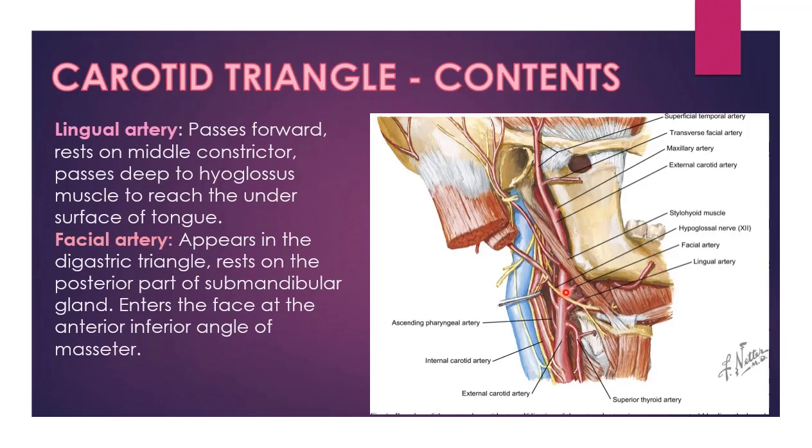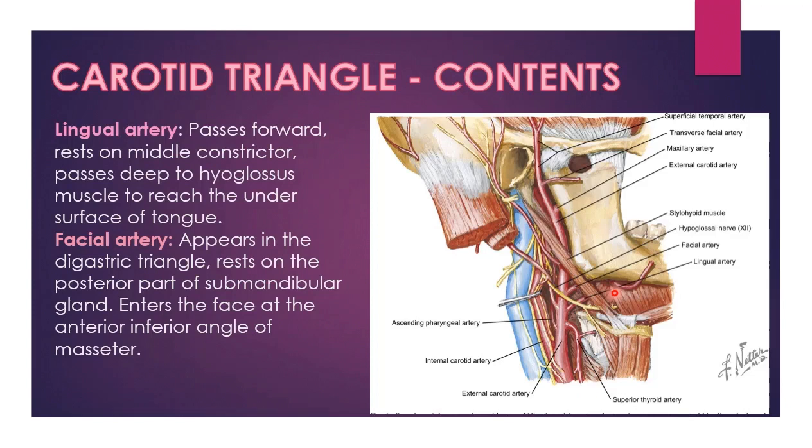In the same way, the lingual artery also has a loop over the greater cornu of the hyoid bone to permit movements of the hyoid, like how the facial artery permits movement of the mandible. The facial artery in the neck gives the ascending palatine artery.